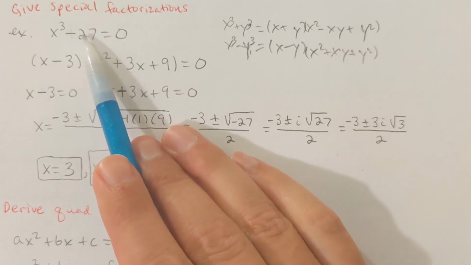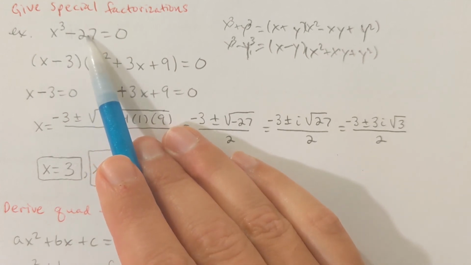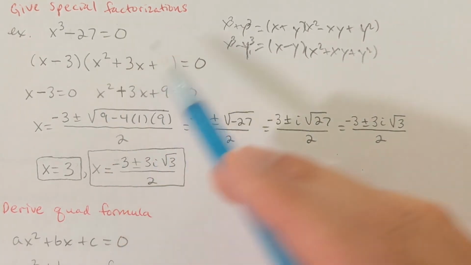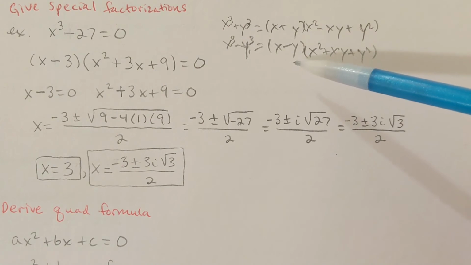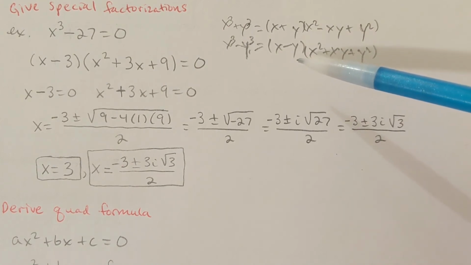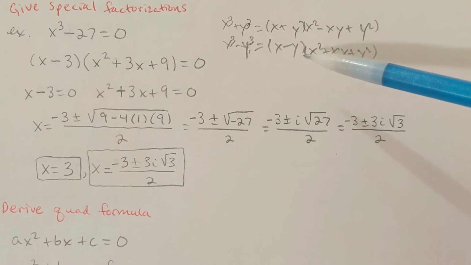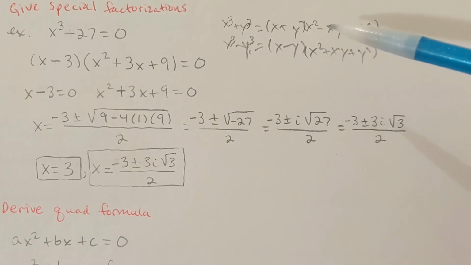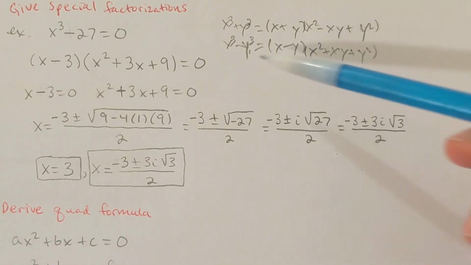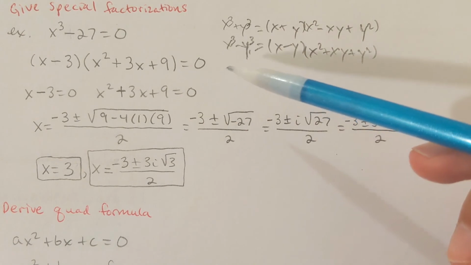X cubed minus 3 cubed. 3 cubed, 3 times 3 times 3 is 27. Well, that's going to mean I'll have formula number 3. X squared minus y squared, or whatever. X plus y times x minus y is the first one. So I'm using formula number 3.